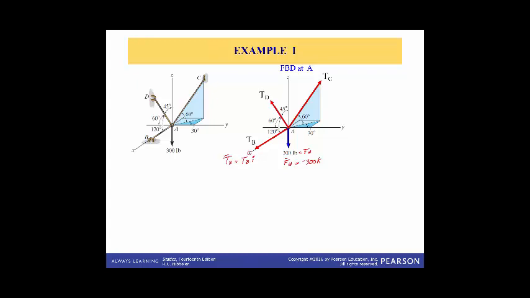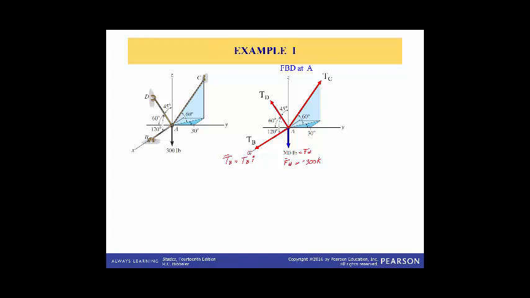Now, for TD, I have three angles. So let's see what those angles are. Because if you have three angles, you start saying, okay, it's alpha, beta, and gamma. But remember, alpha, beta, and gamma are the angles with respect to the positive axis, not the negative axis.